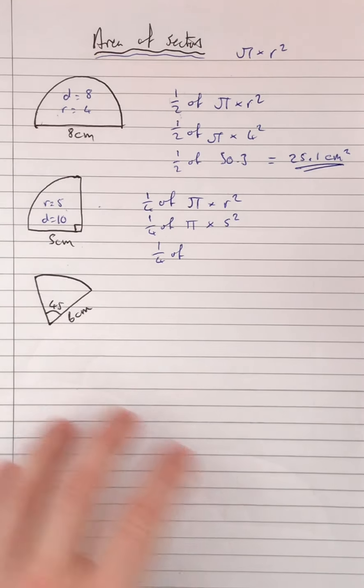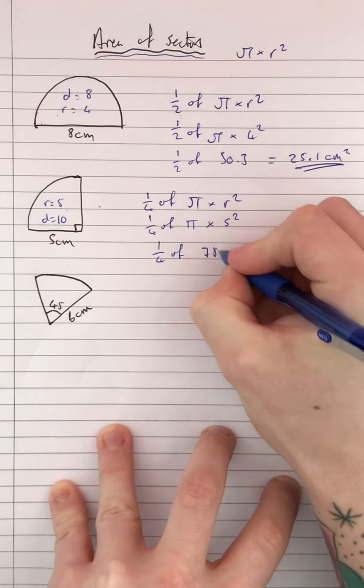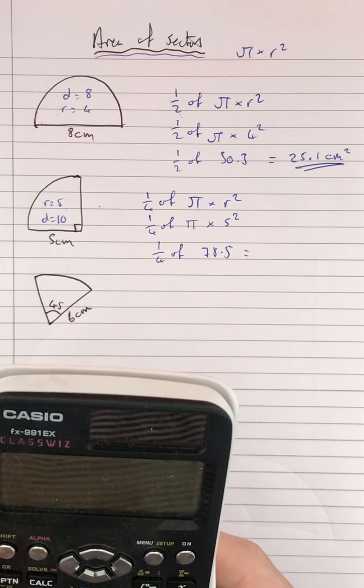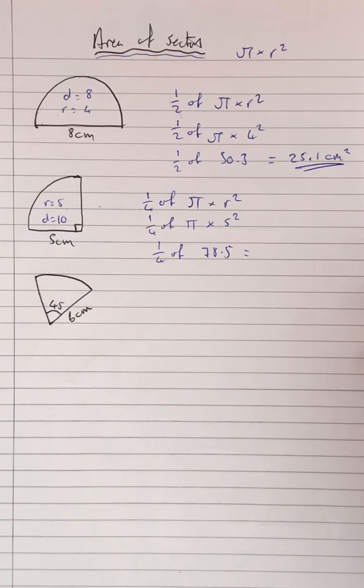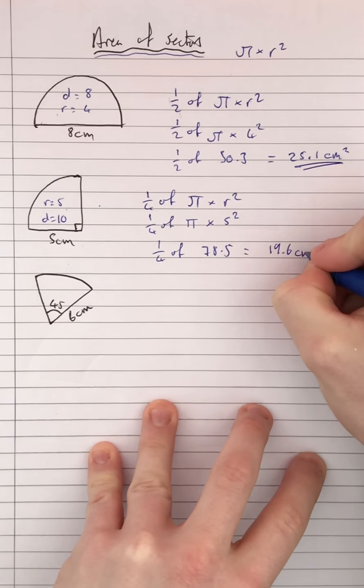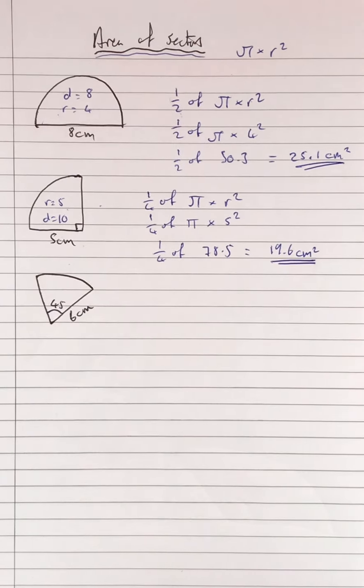And that's going to give me 78.5. But we want a quarter of that, which is 19.6 centimeters squared.